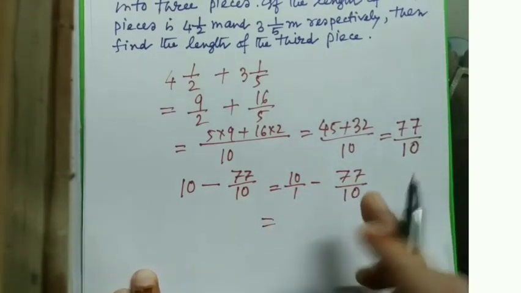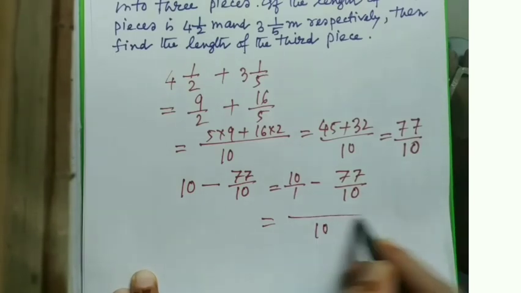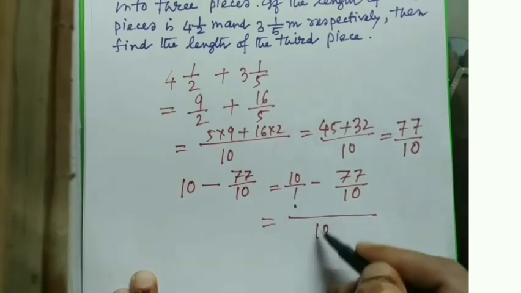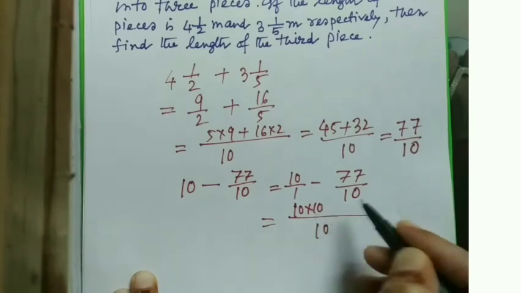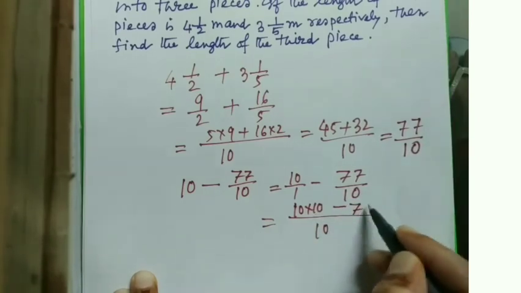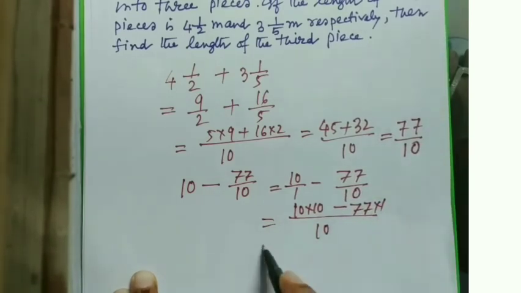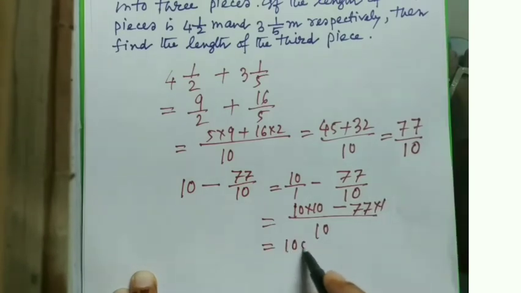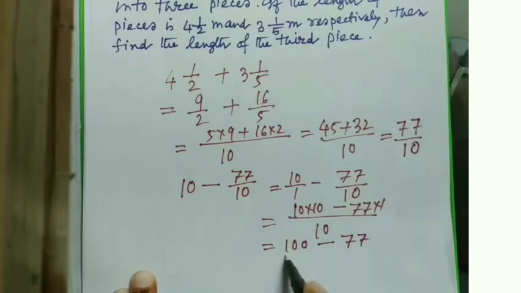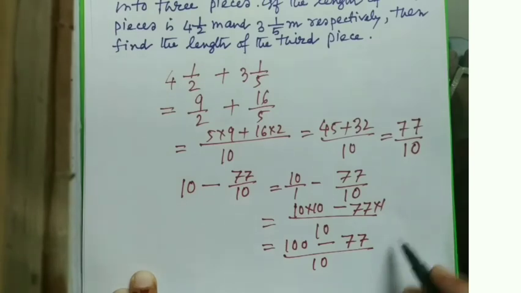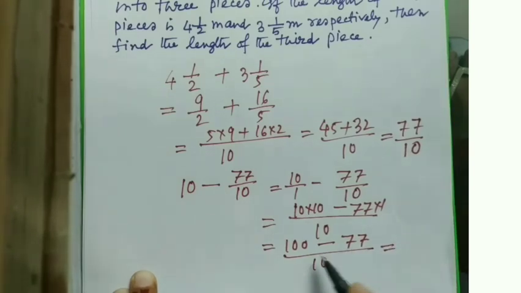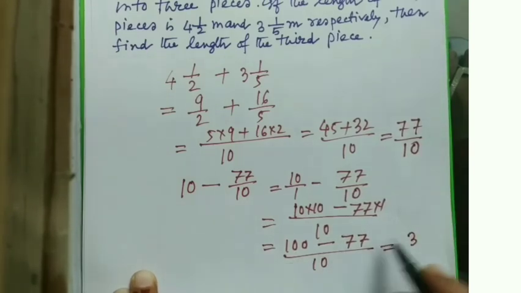So the LCM of 1 and 10 is 10. 1 10s are 10, that is 10 into 10, minus 10 ones are 10, 77 into 1. This is equal to 100 minus 77 divided by 10. This is equal to how much? 10 minus 7 is 3, 9 minus 7 is 2, 23 by 10.